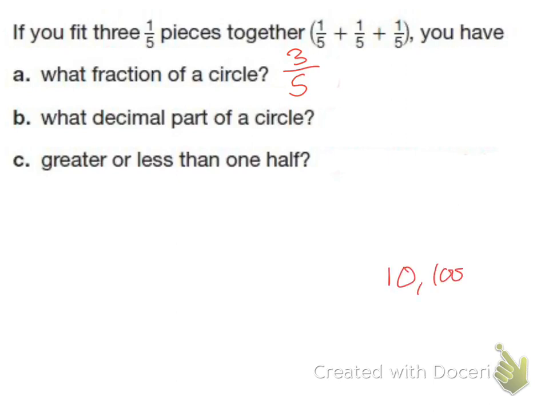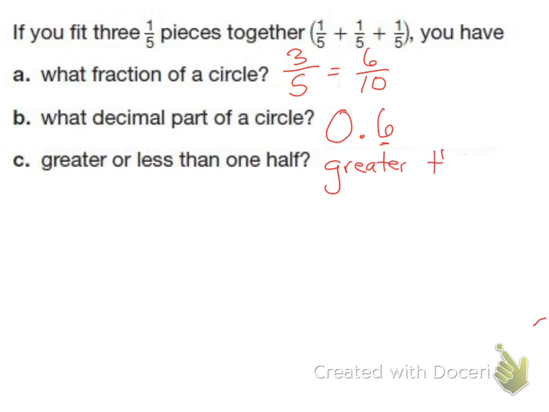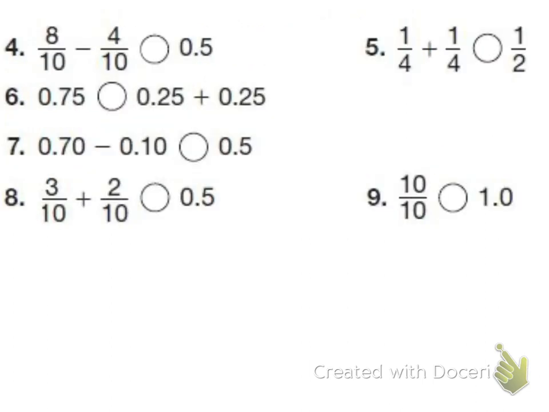So 3/5 is the same as 6/10, so the decimal would be 0.6. Is that greater than or less than 1/2? Well, 0.6 is greater than 0.5, which is 1/2. So this is going to be greater than.